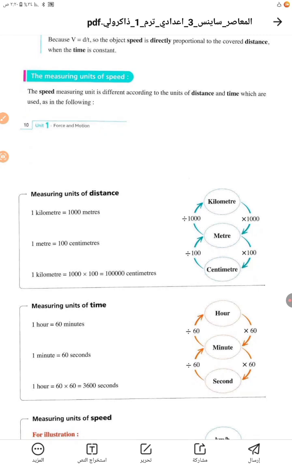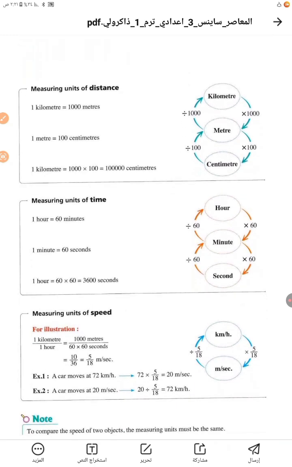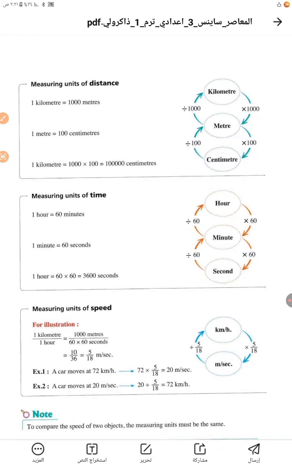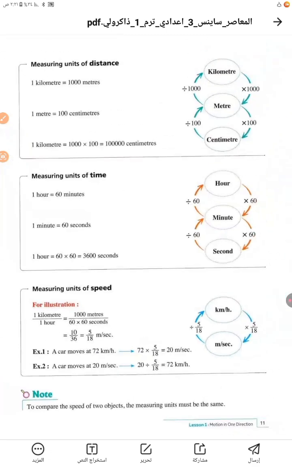The speed measuring unit is different according to the units of distance and time which are used as in the following. measuring units of distance. عندي measuring units للديستانس بتقول لي ال 1 kilometer equal 1000 meters, ال 1 meter equal 100 centimeters, ال 1 kilometer equal 1000 multiply 100 equal 100,000 centimeters.